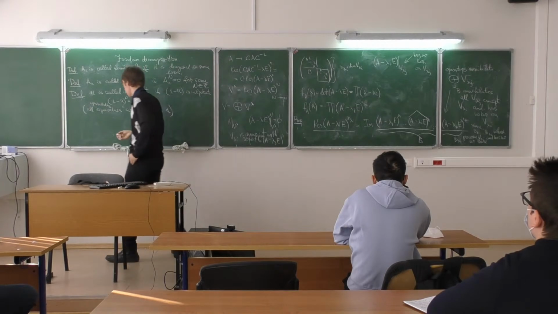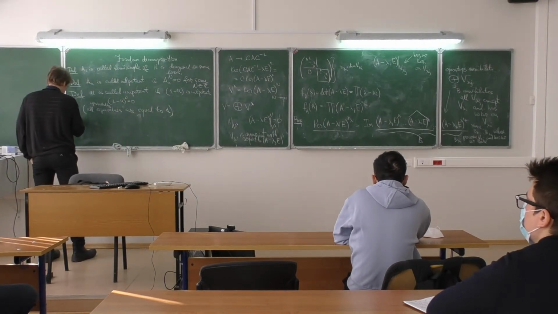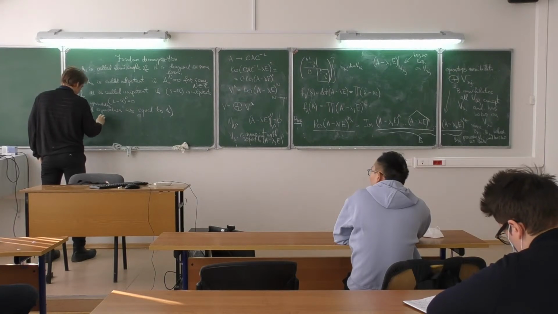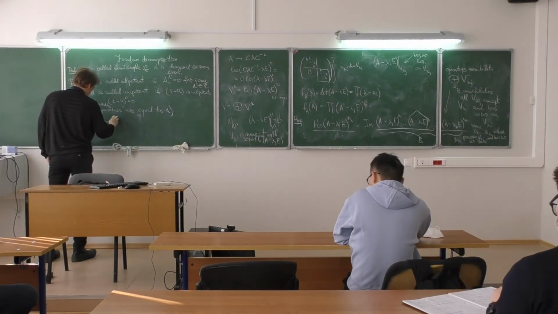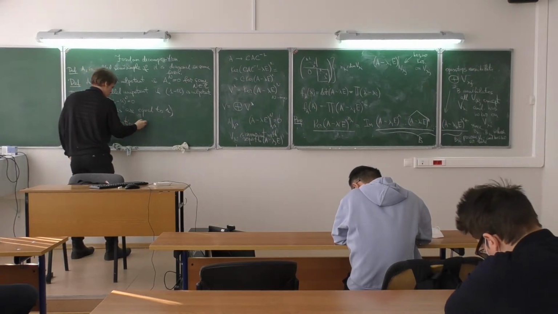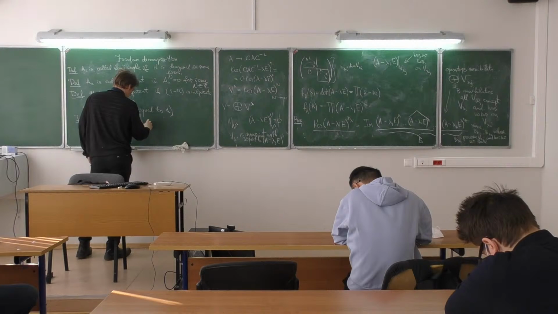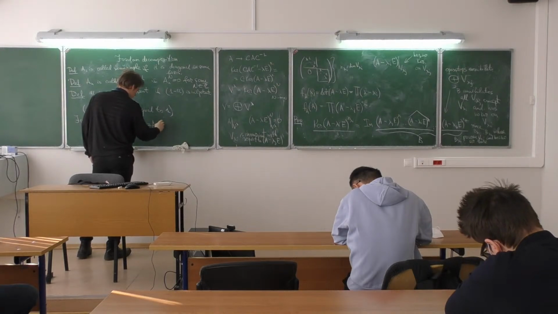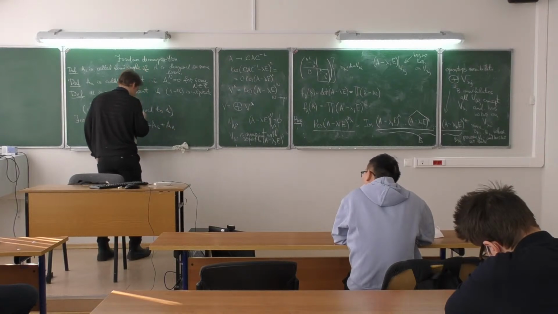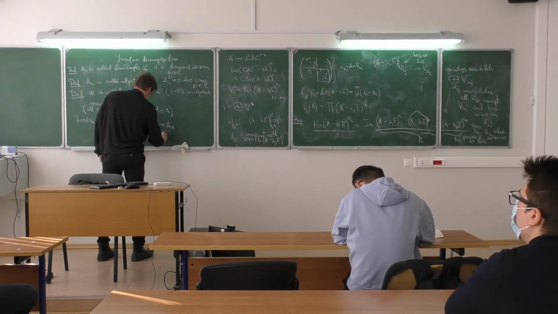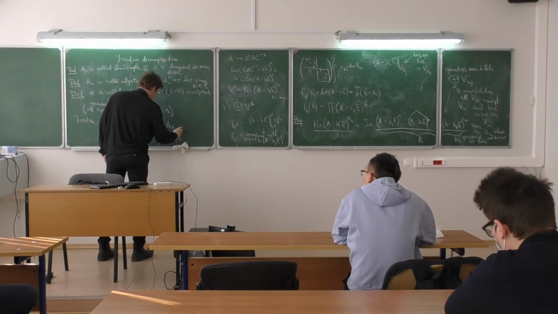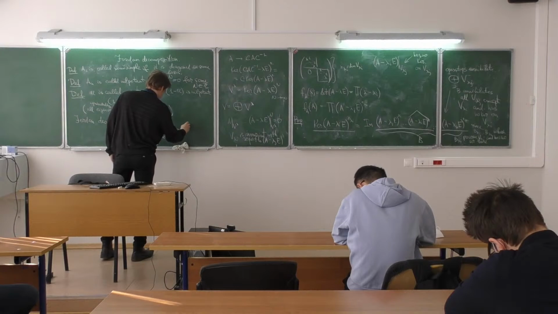So this is just the Jordan decomposition: writing A as a sum of a semi-simple operator plus a nilpotent operator.